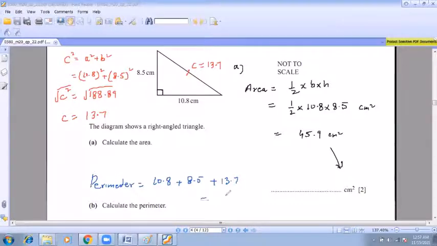It is 33, so 33 centimeters. You will write it down here, not in the area part. So this is the required answer of perimeter as well as area. Okay, next.